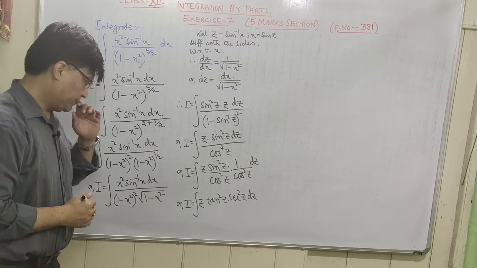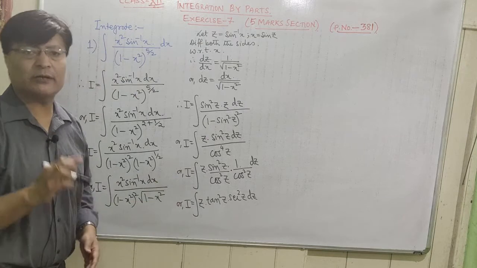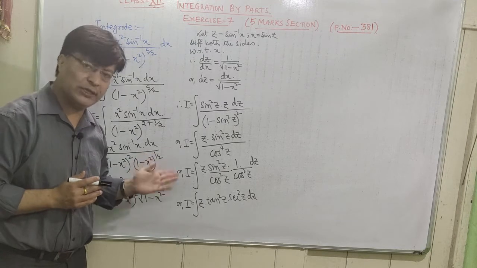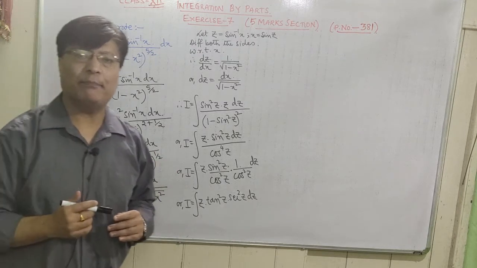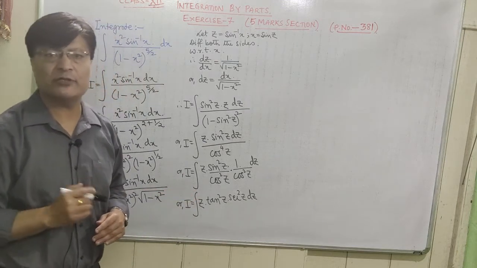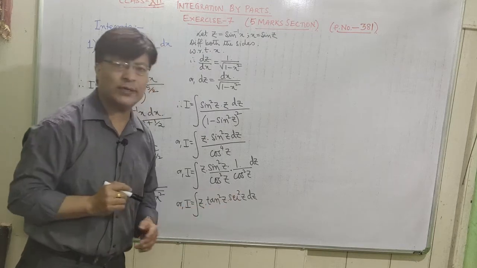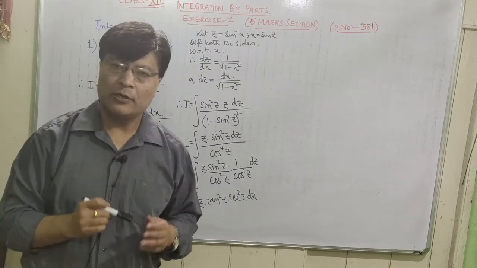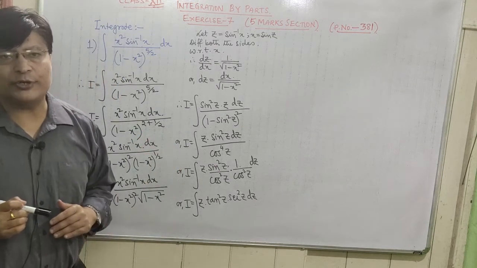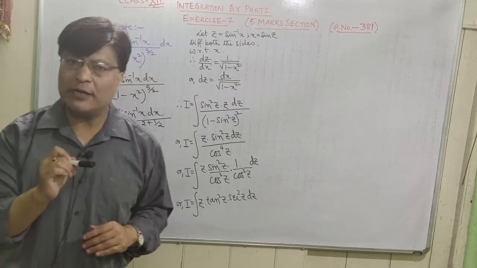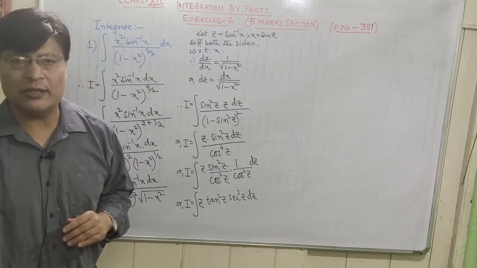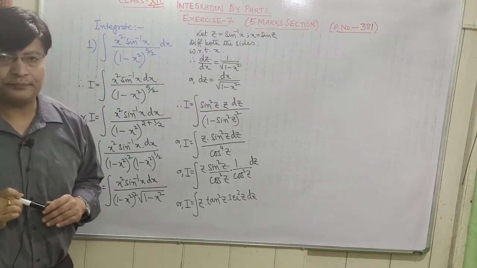Now this is integration of the product of two different functions. So which are the functions out here? In this case you have to use the integration by parts formula, right? z is an algebraic function, that is A, and tan square z sec square z is a trigonometric function, that is T. Among these two letters A and T, which letter comes first in the word ILATE?